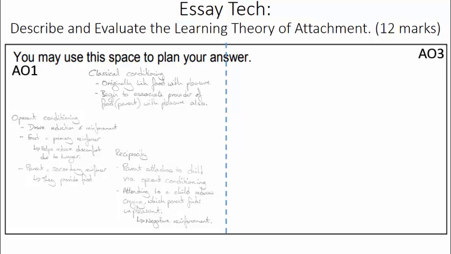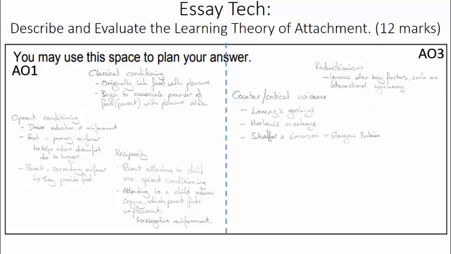When it comes to evaluation, try to keep it fairly balanced between strengths and weaknesses. You could consider points such as the fact that learning theory is quite reductionist. It's also a really good idea to consider all the critical or counter evidence. Some of the best ones are listed there. You could also look at alternative theories or explanations, such as social learning theory and how it was used to replace most traditional learning theories.